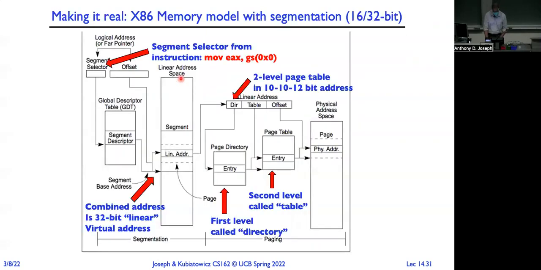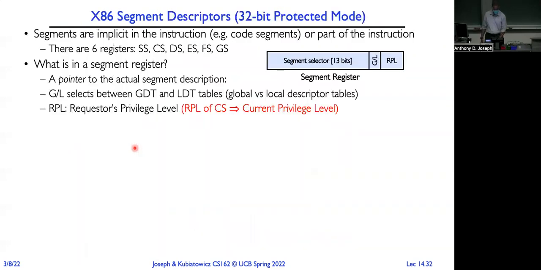Again, it's an index into the global descriptor table, or an index into the local descriptor table. The local descriptor table is a per-process segment map, you can think of it, and the global descriptor table is global. For example, if I had shared binaries, I would put those entries into the global descriptor table, like for shared code.